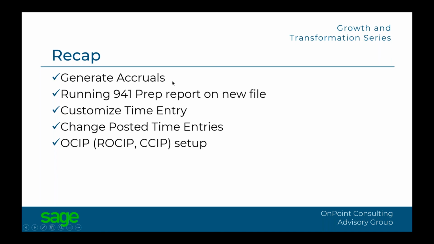So using the generate accruals feature either at month end, quarter end, or year end, running the 941 preparation report and any other reports on the new file, customizing your time entry, change posted time entries, and setting up the workers' comp codes for OCIP or ROCIP and CCIP.